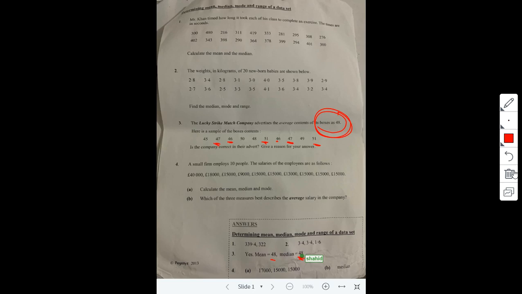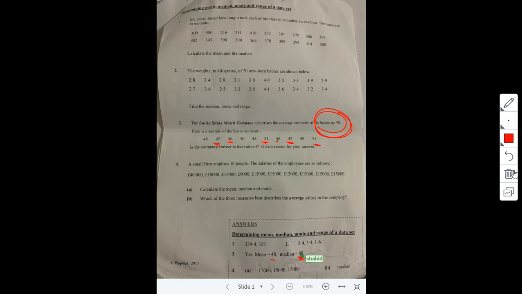But for question 4, it says a small firm employs 10 people. The salaries of the employees are as follows. It says calculate the mean, median, and mode, and then which of the three measures best describes the average salary in the company.